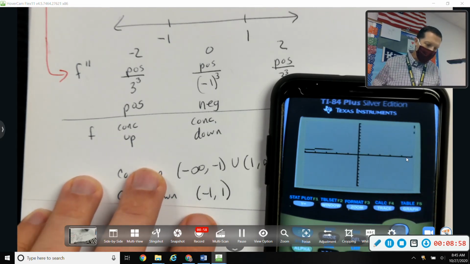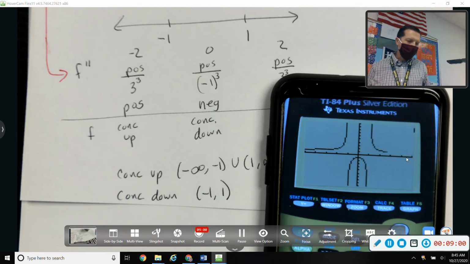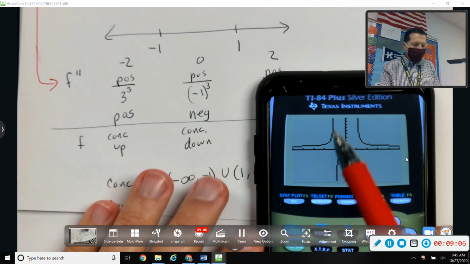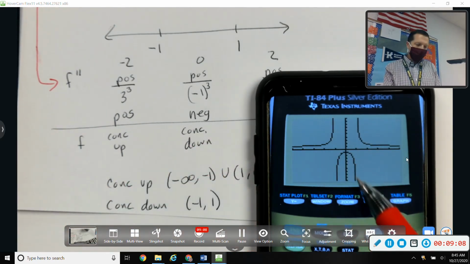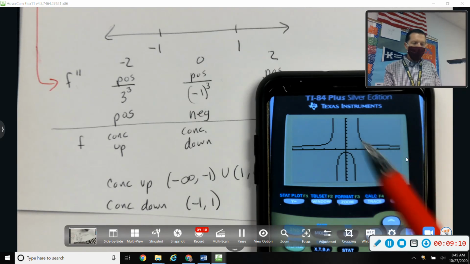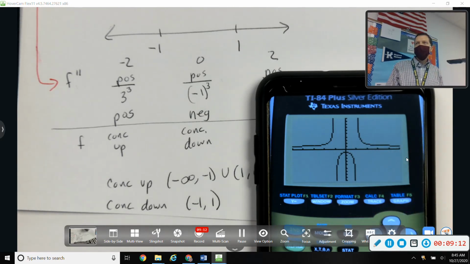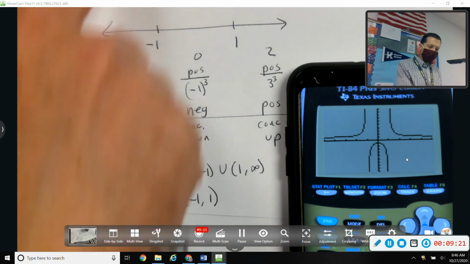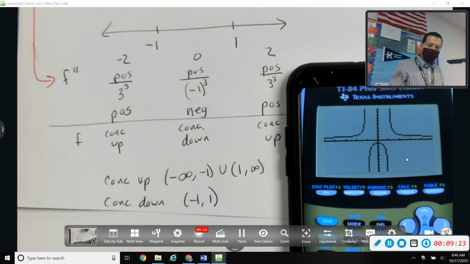No idea what this graph looks like, but let's check the concavity. Oh, that matches. All right, it's concave up over here, concave down in the middle, concave up on the other side. So, you know, the calculator's no guarantee we got it right, but I feel like it's helpful to look at the graph and see that, yeah, that matches all this work we just did. It matches what the picture says.